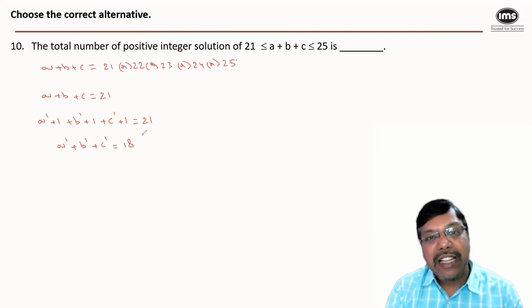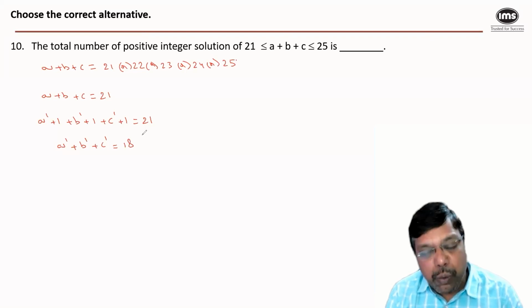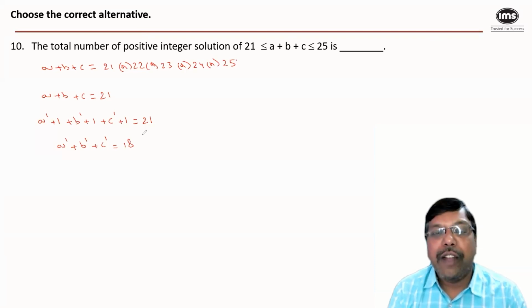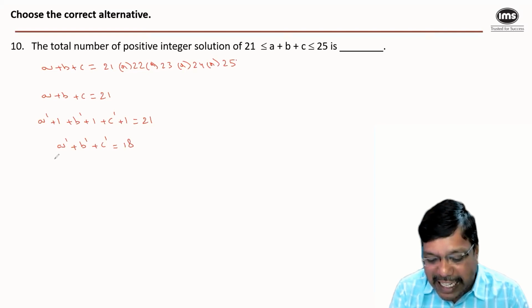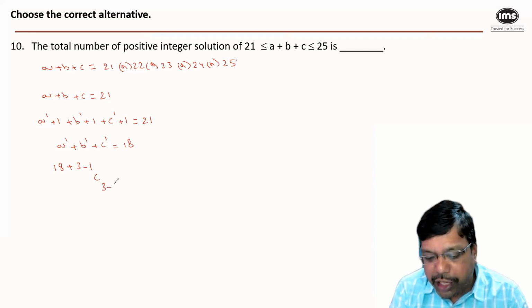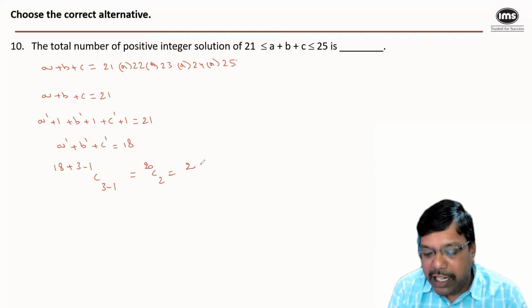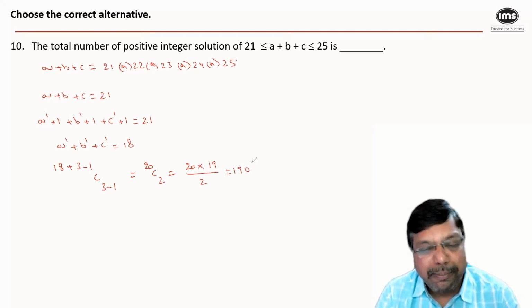So the number of ways 18 can be divided into 3 groups such that some of them can be empty as well is (18+3-1)C(3-1), which is equal to 20C2. Now 20C2 is 20 × 19 / 2, which is equal to 190.